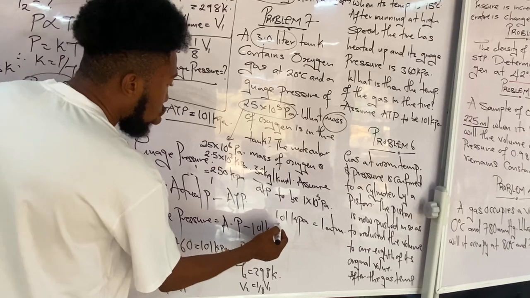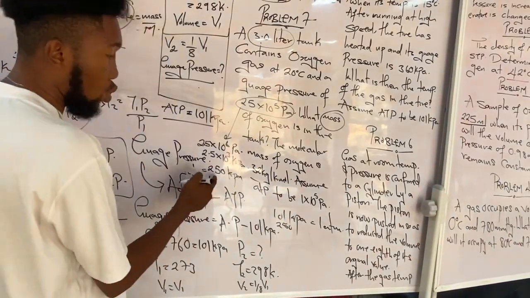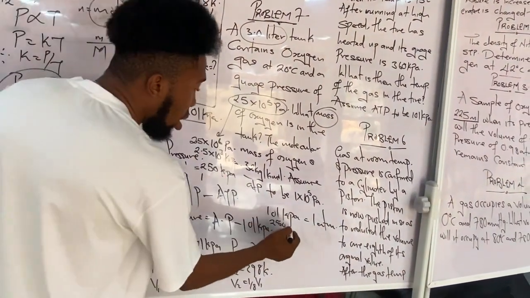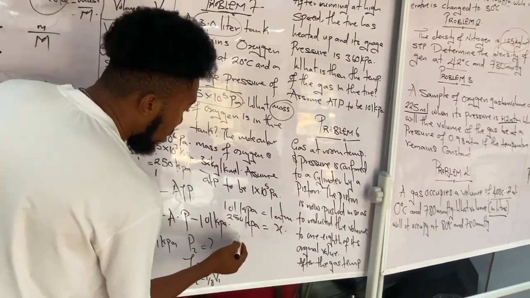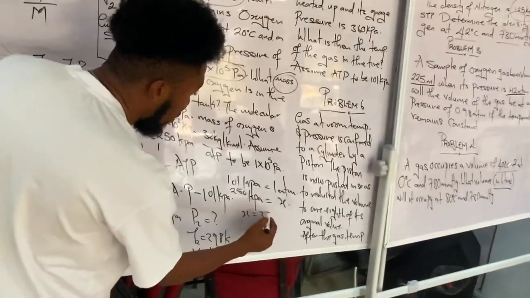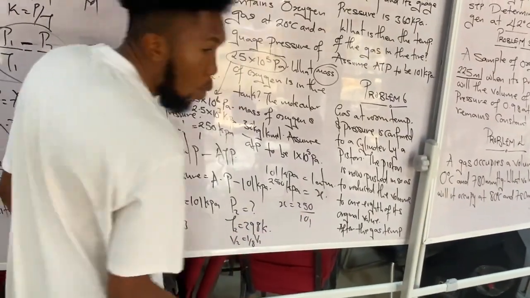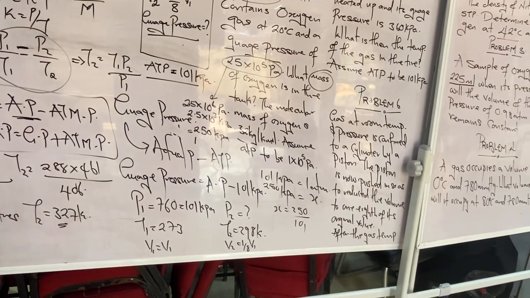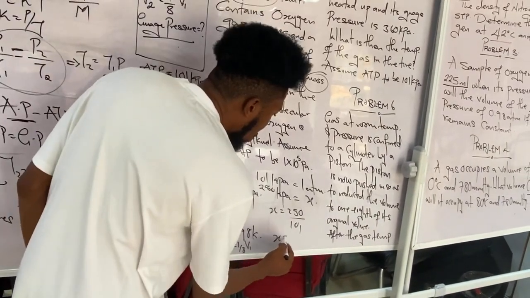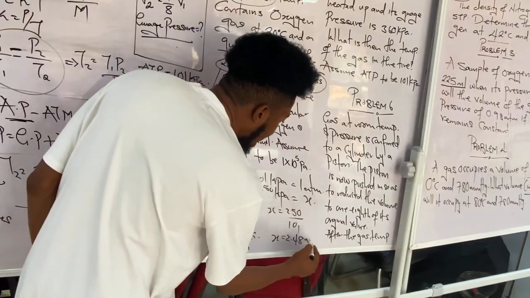So 250 kilopascal, which they gave us in the question, should be equivalent to X. So our X is 250 divided by 101, and that gives you 2.48. So we have X equals 2.48 atm.